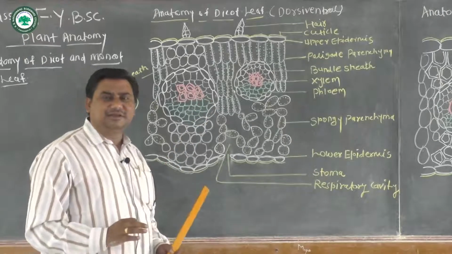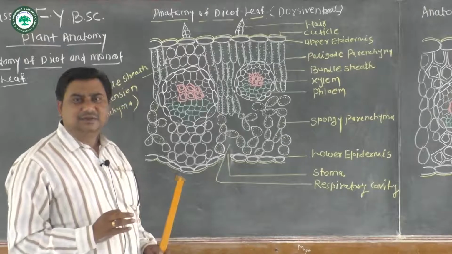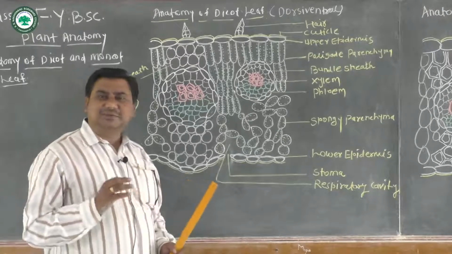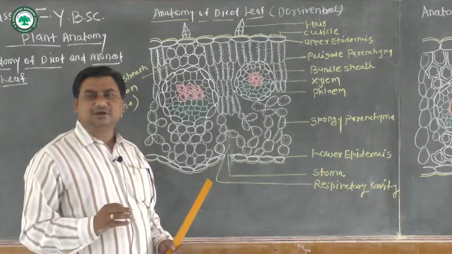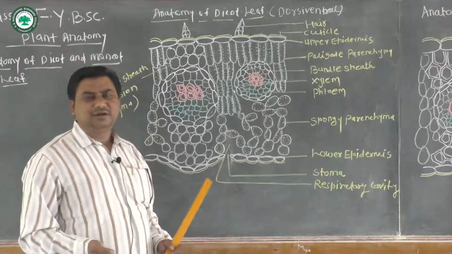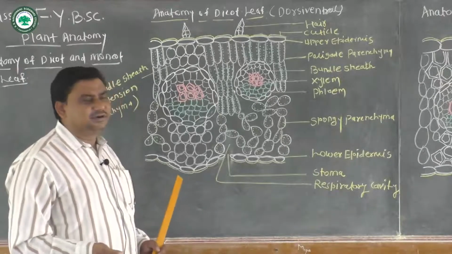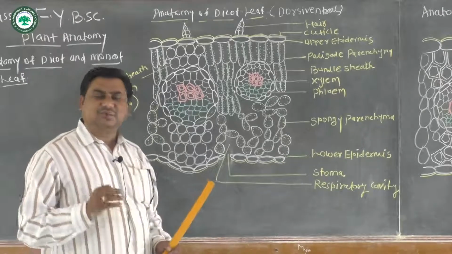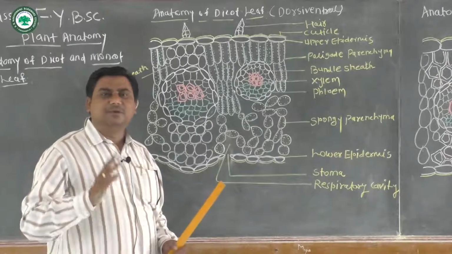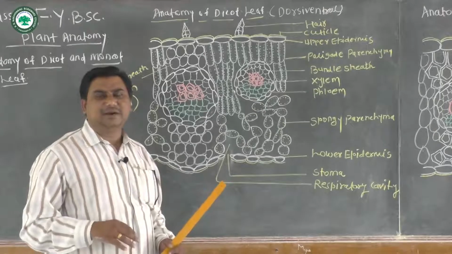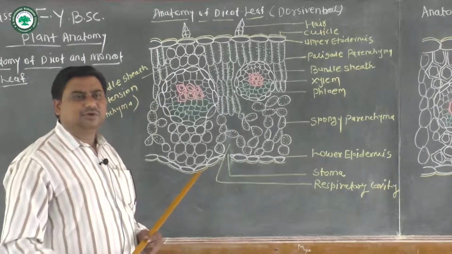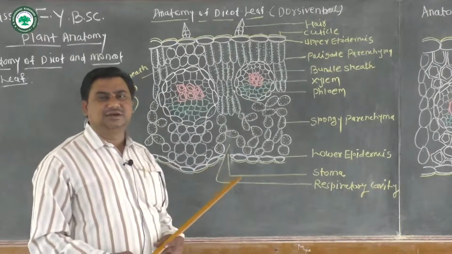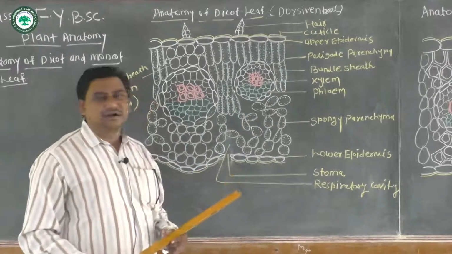This is the terminology: when stomata are present on the lower portion of the leaf, it is called hypostomic, and when stomata are present on both the surfaces, upper and lower epidermal part of the leaf, the leaf is said to be epistomic in condition.